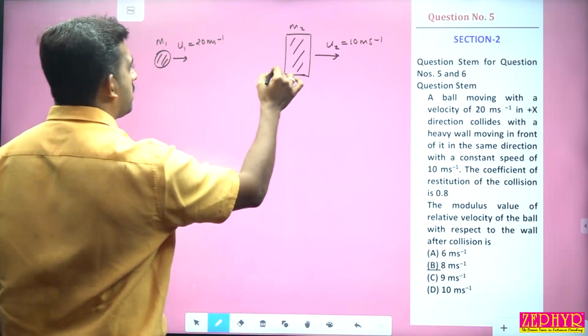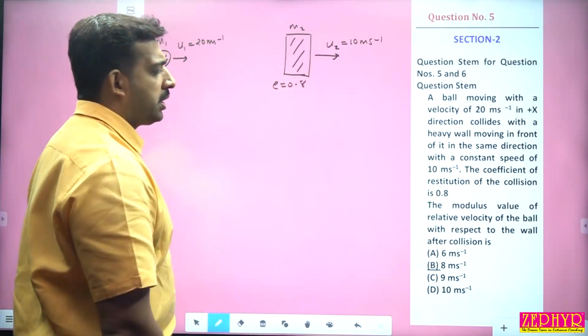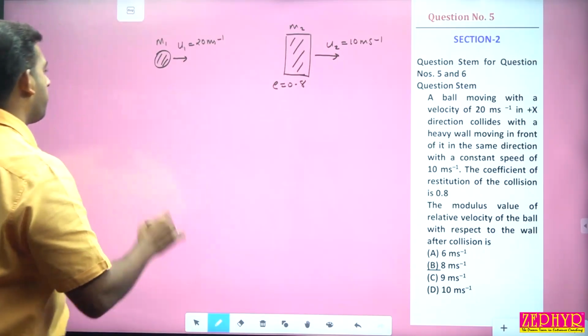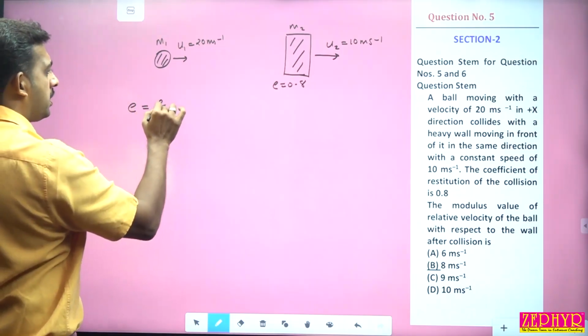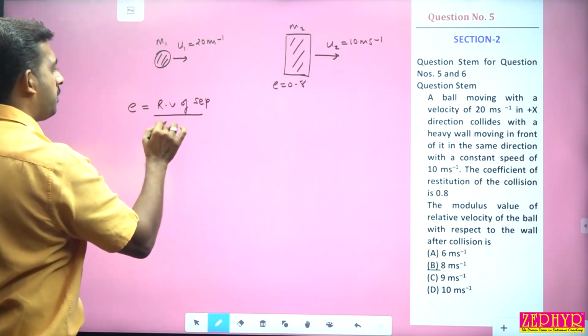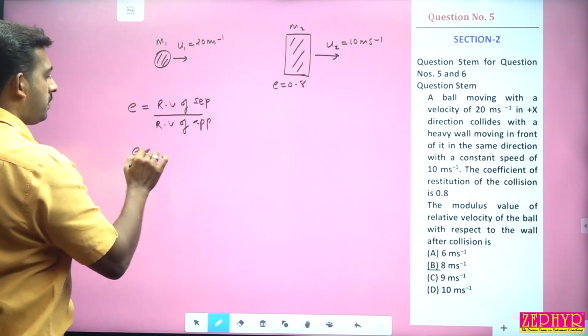So the first stem is the modulus value of relative velocity of the ball with respect to the wall after collision. So we have the equation of restitution: coefficient of restitution is relative velocity of separation divided by relative velocity of approach. This is the equation for coefficient of restitution.